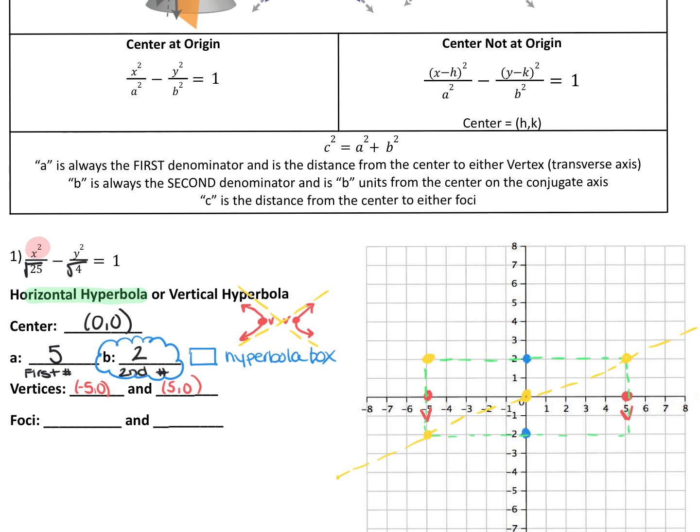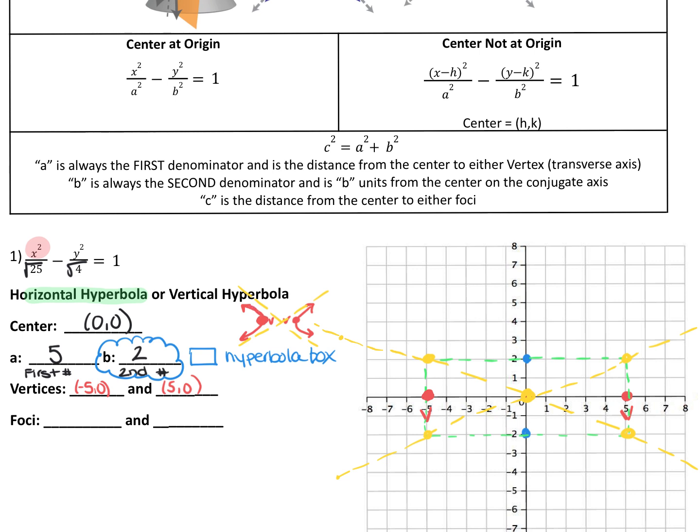We're going to put a corner, the center, and the corner, and we're going to connect these. And again, we're going to try to follow the pattern. So up 2, left 5, and we can go maybe a bit more, close enough. Same thing over here. So now that we have our box and our asymptotes, we can go ahead and put in our branches from the vertex, right?